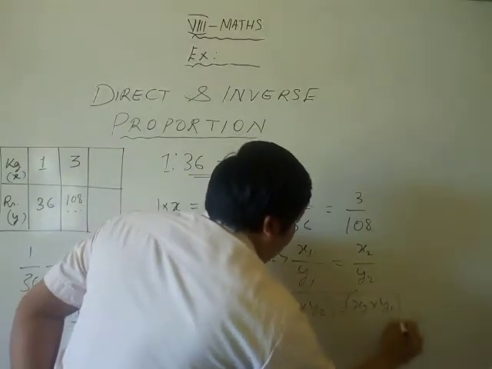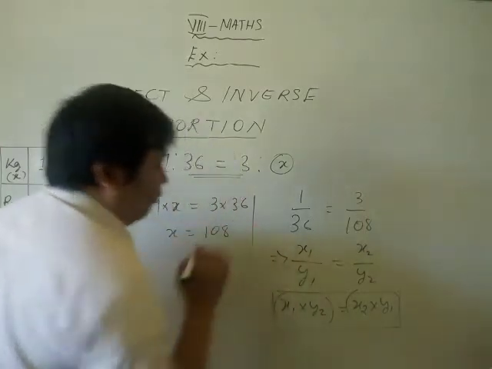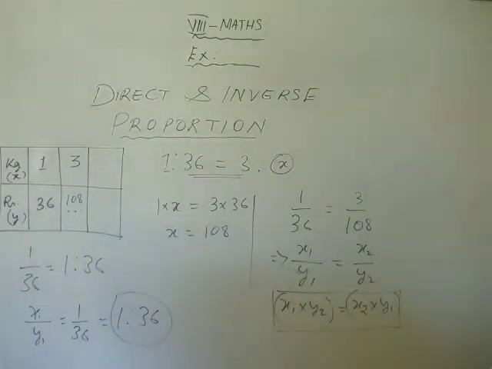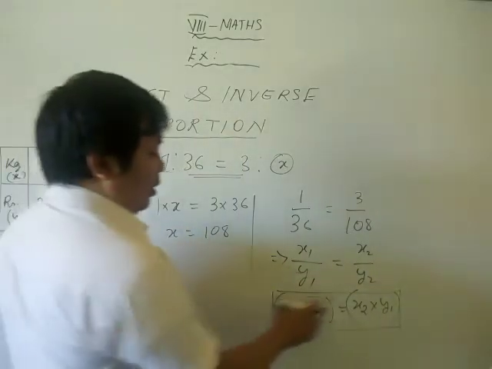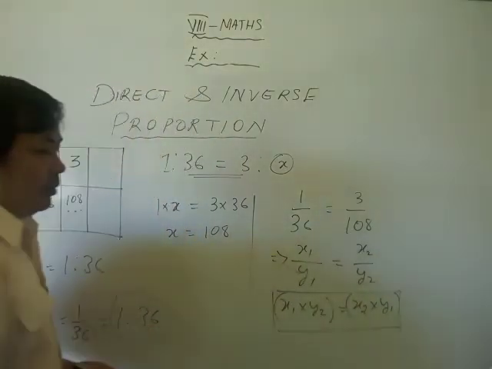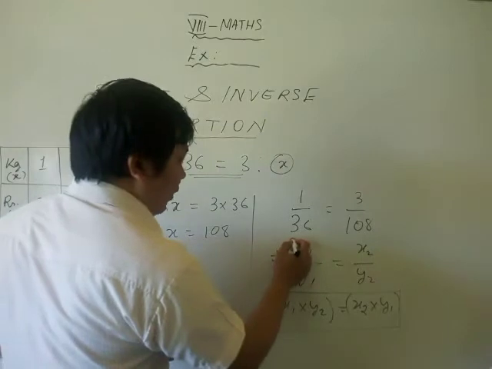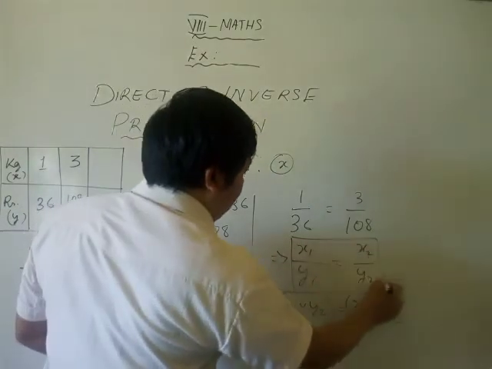These are a kind of formula or concept to be applied. We can come to the conclusion like this. Okay, clear? So don't forget: x1 by y1 is equal to x2 by y2.